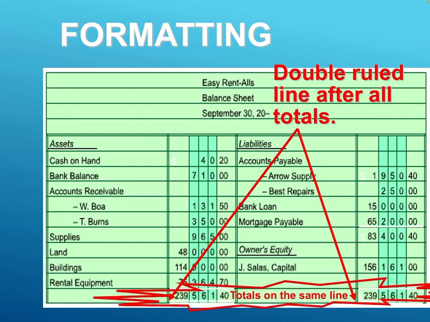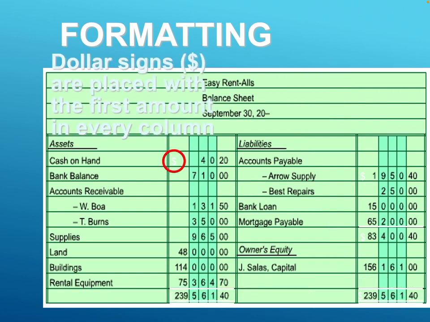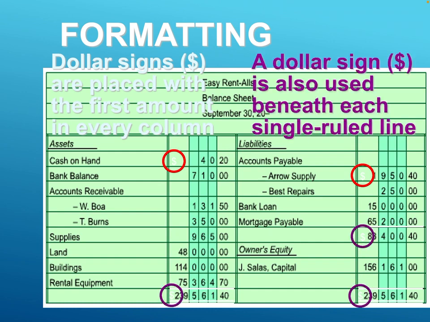The totals should be on the same line. So when you're putting in the totals, make sure that they are on the same line. Now, dollar signs are placed with the first amount in every column. We don't put a dollar sign for every single amount. We only put it for the first one, okay? A dollar sign is also used beneath each single ruled line. When you put dollar signs for everything, it looks very messy and it's much harder to read.